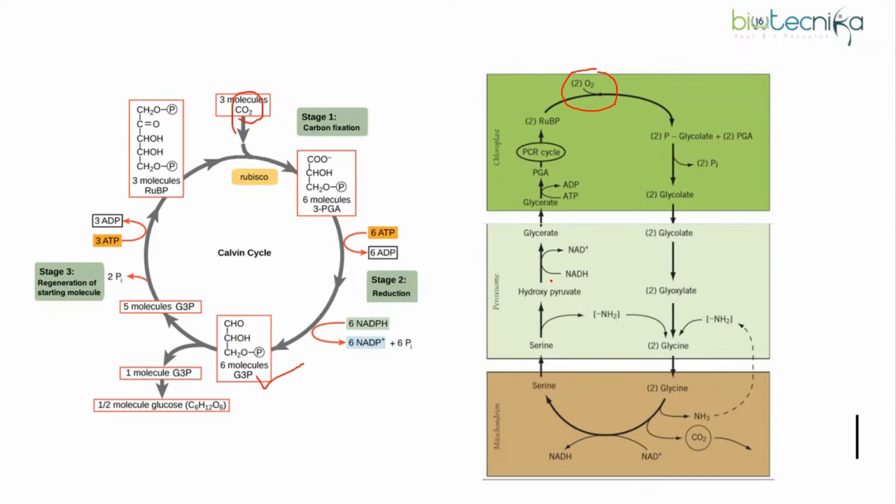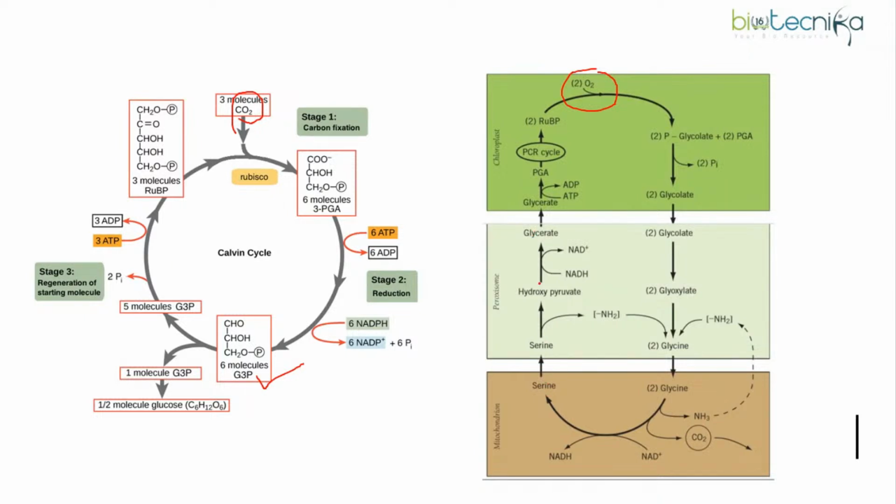the conversion. So glycolate will be transported to peroxisome where it will get converted to glyoxylate, to glycine, which will be transported into mitochondria. From glycine you will get serine, which will then be transported back to peroxisome.